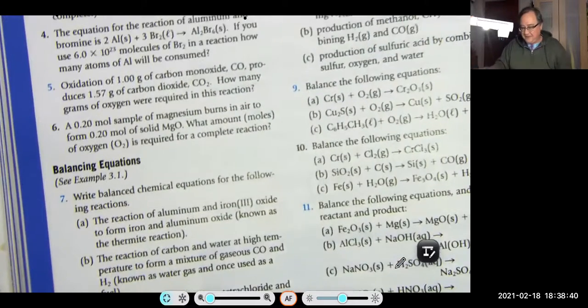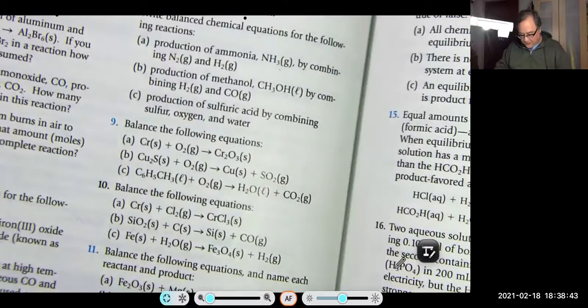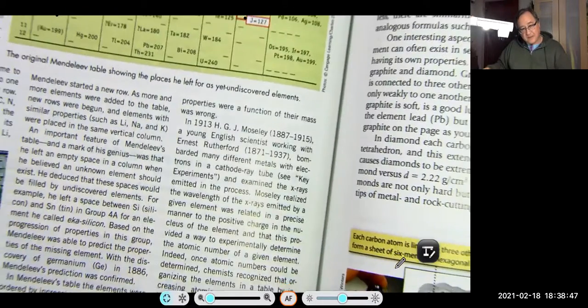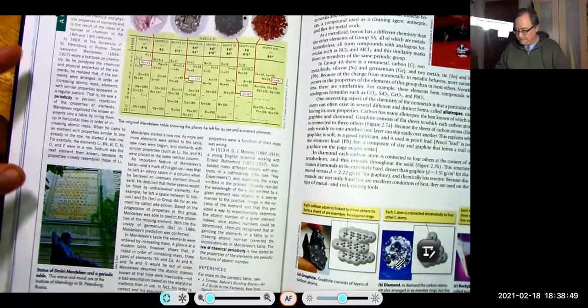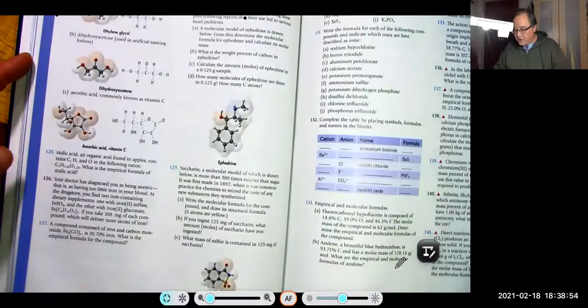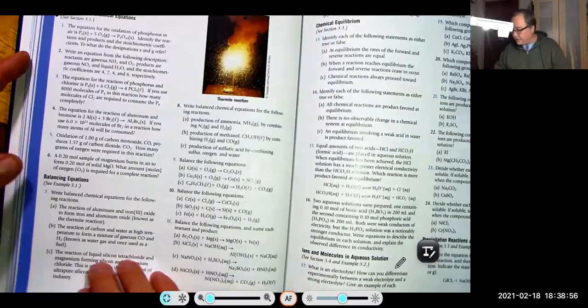So we want to go to that page 141 stuff. So if we go to page 141, I'm going to zoom out. You're going to find everything you need to be able to answer these questions.